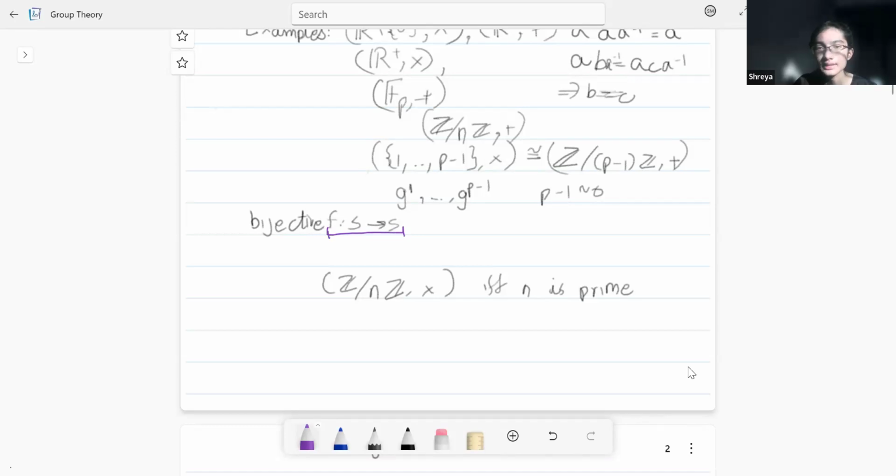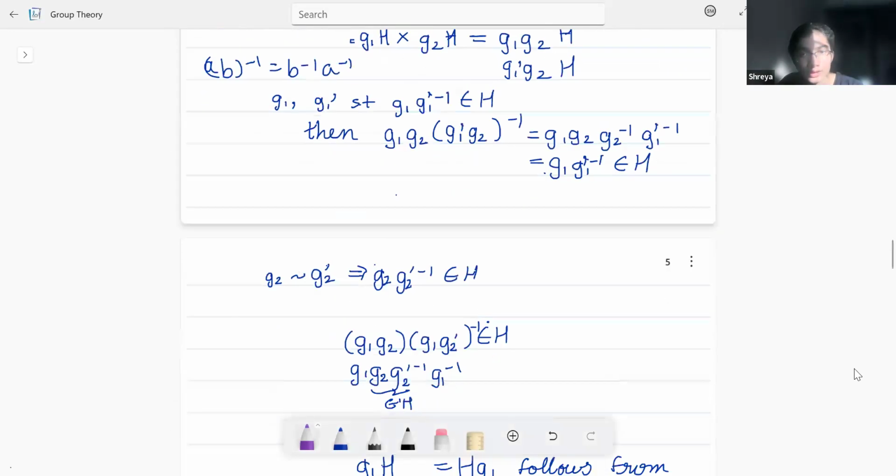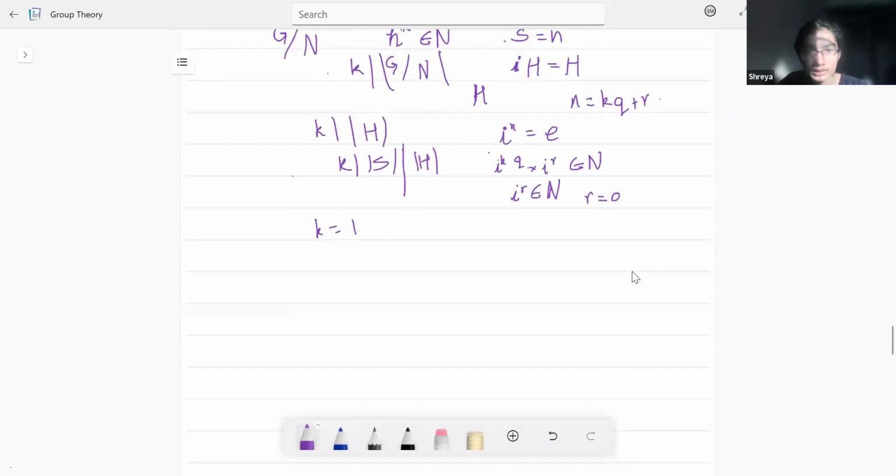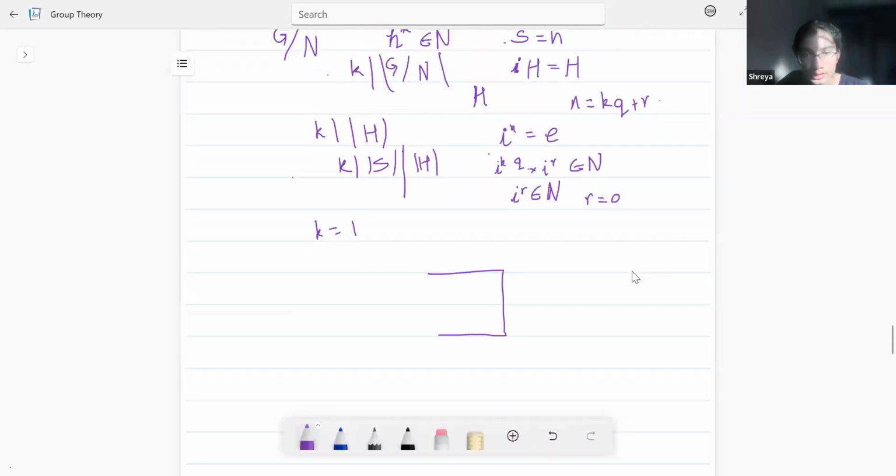You can also take the symmetries of any figure. Say you have a square. What are the various operations you can do to the square that preserve it, the degrees of symmetry? You can rotate it by 90 degrees, and you can reflect it.